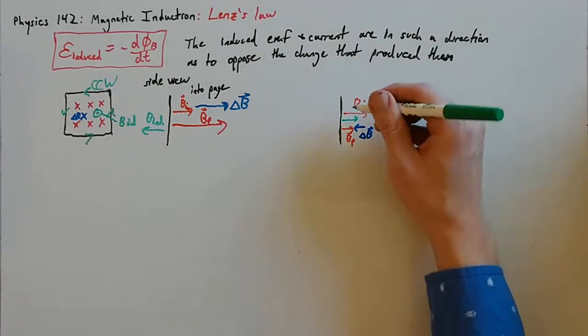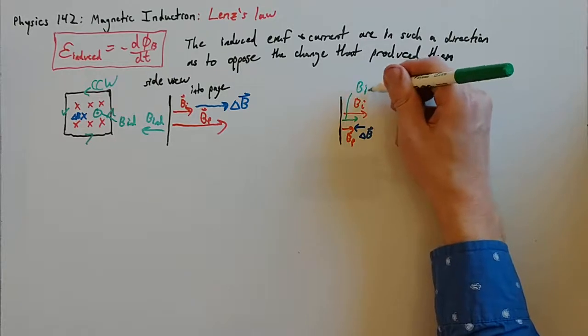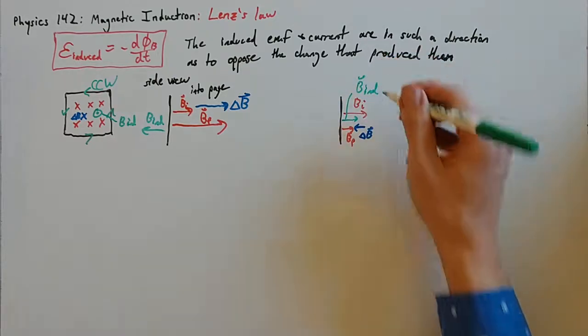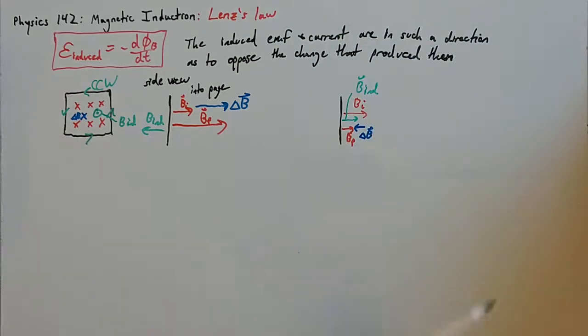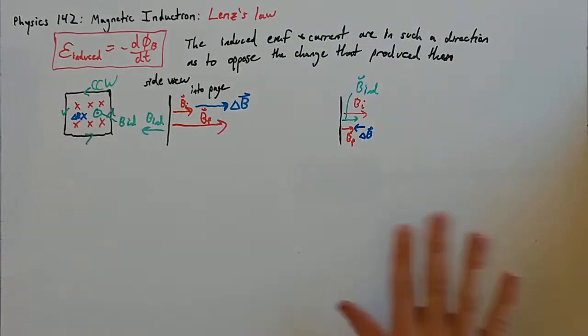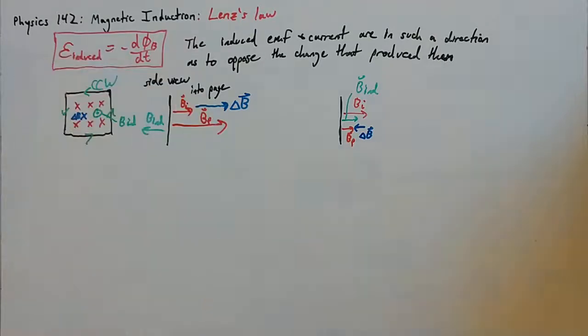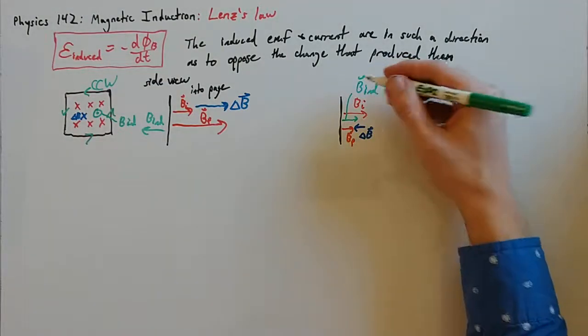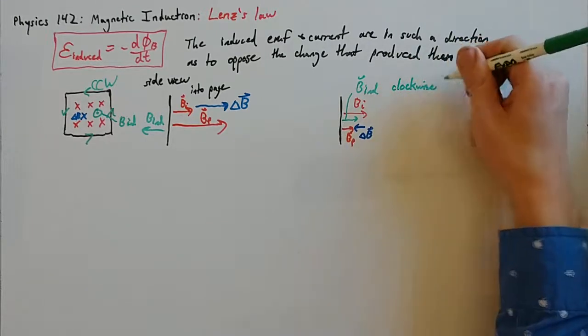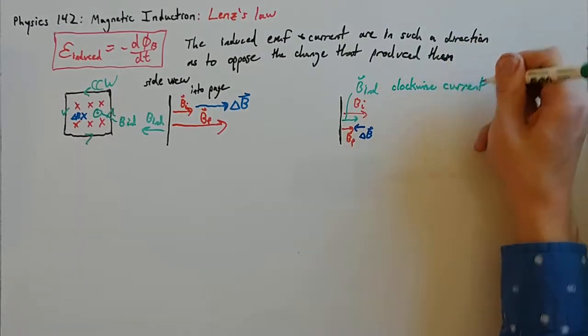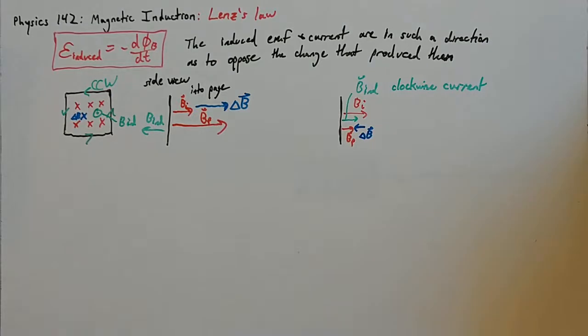So now we need B induced to oppose the change, and the induced field will actually be going this way. And how do you get an into the page? An into the page must be clockwise. So we're going to get clockwise current if we decrease the magnetic field.